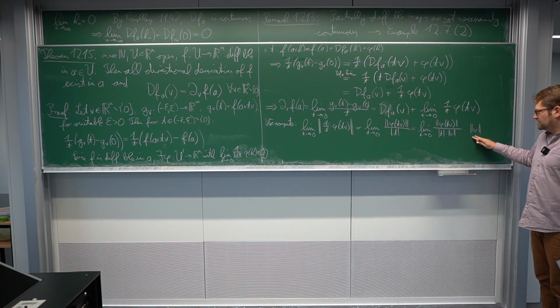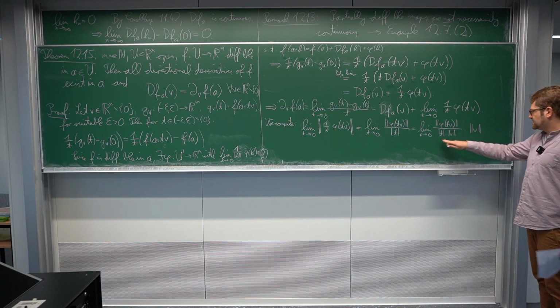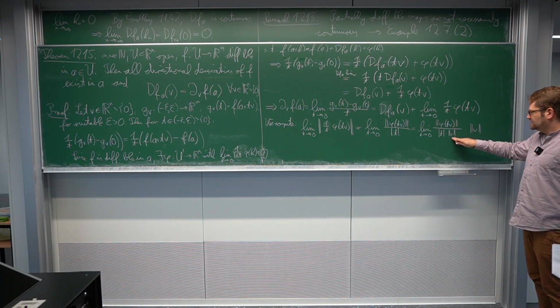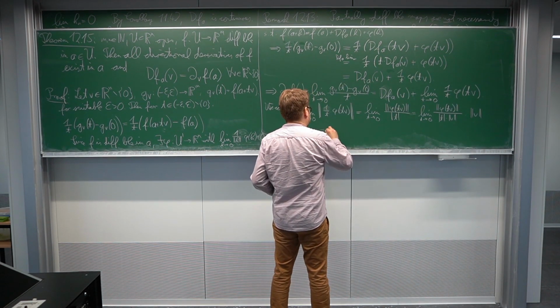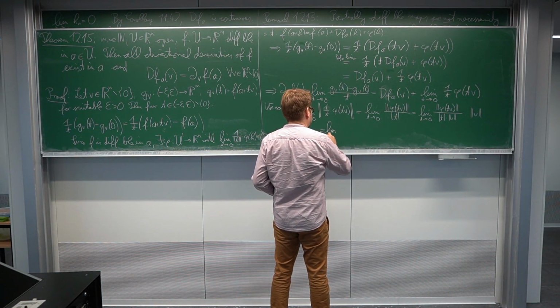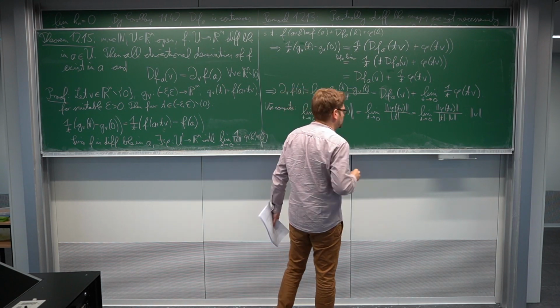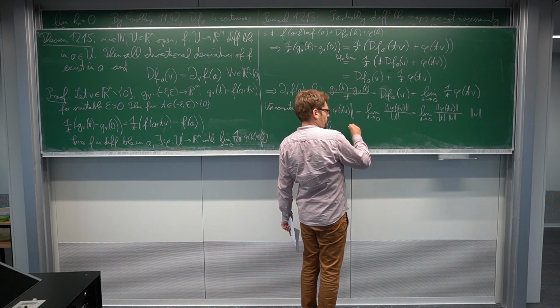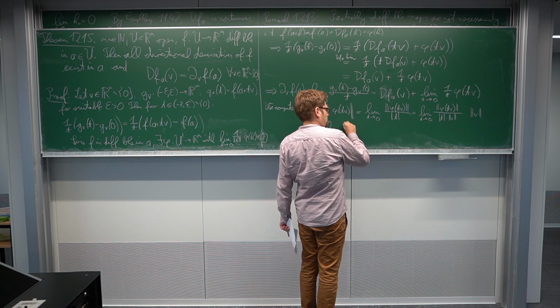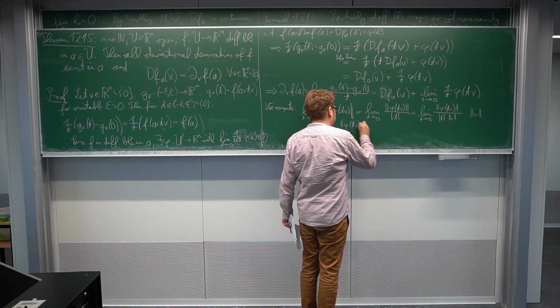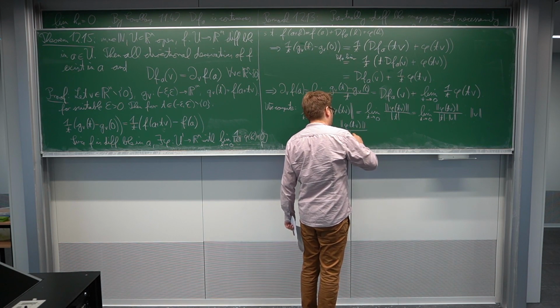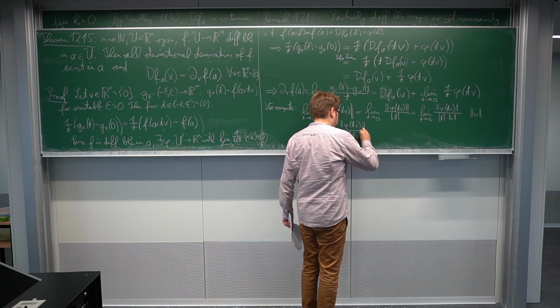For the limit this is just some constant, and by the properties of the norm, the absolute value of t times the norm of v is the same as the norm of tv. So this is the same as the limit as t goes to 0 of the norm of phi of tv divided by the norm of tv.